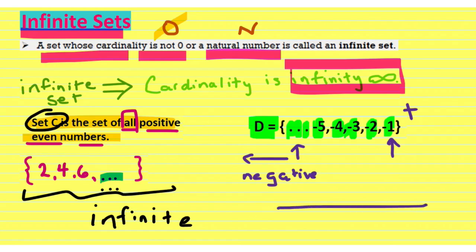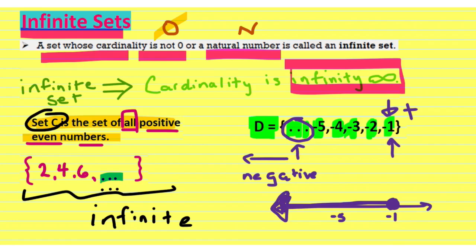If we were looking at it in terms of a number line, we would have -5 and -4, -3, all the way up to the -1. -1 is in the set, so we would have a closed circle, and then it would go this direction, but the dot, dot, dot means we do not know where it ends.